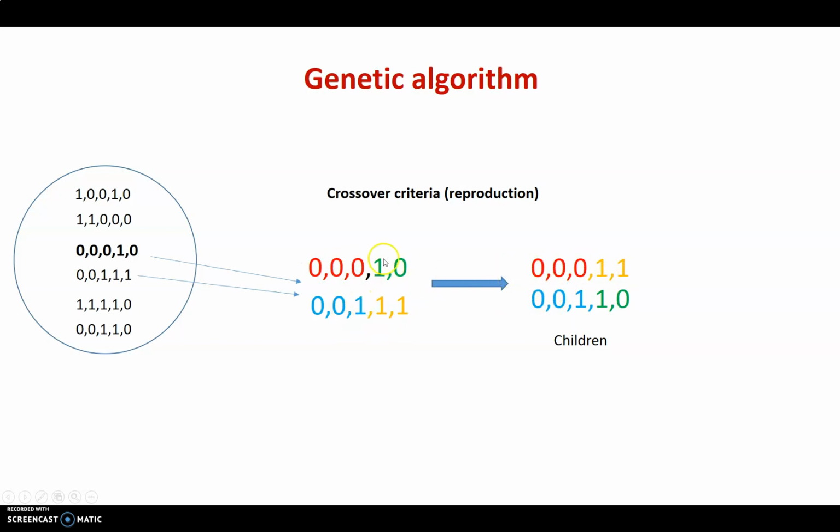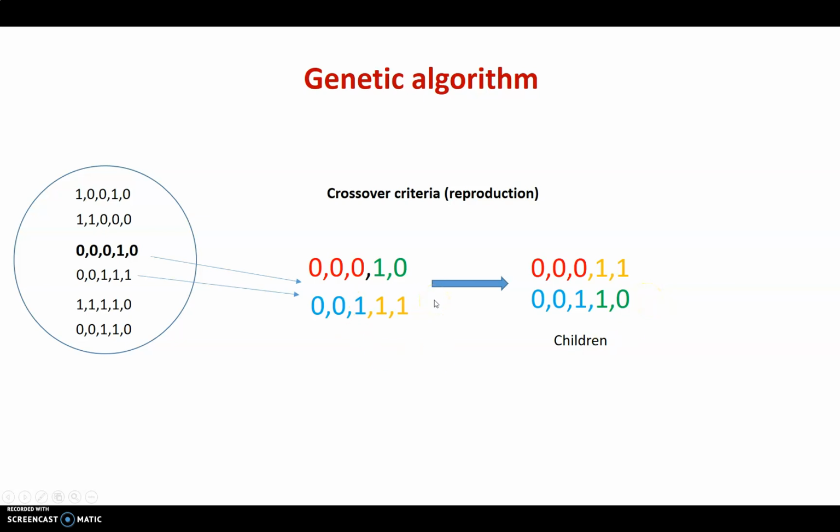So the first one will have the first half of the father and the second half of the mother, and the second twin will have the first half of the mother and the second half of the father. So we have twins, and both inherit the features of their parents, some bits of the father and some bits of the mother.